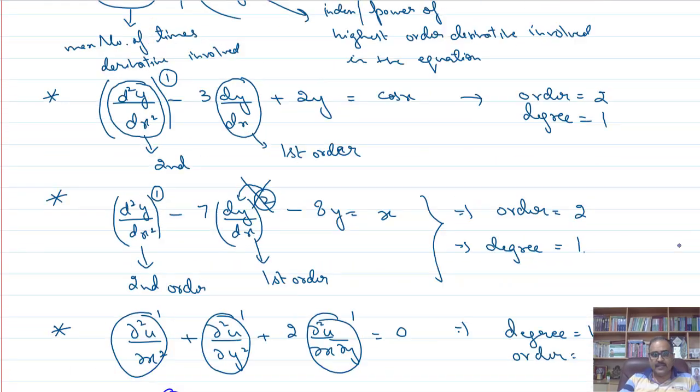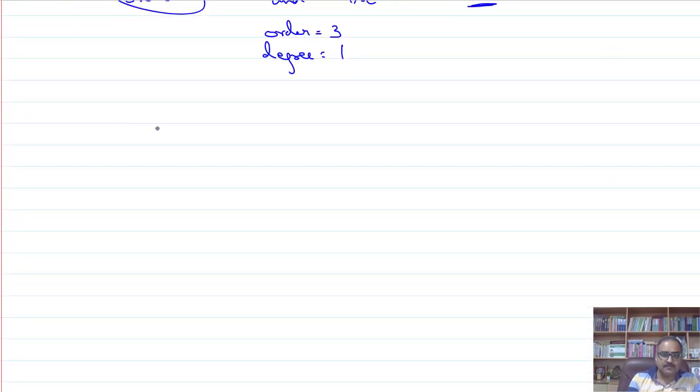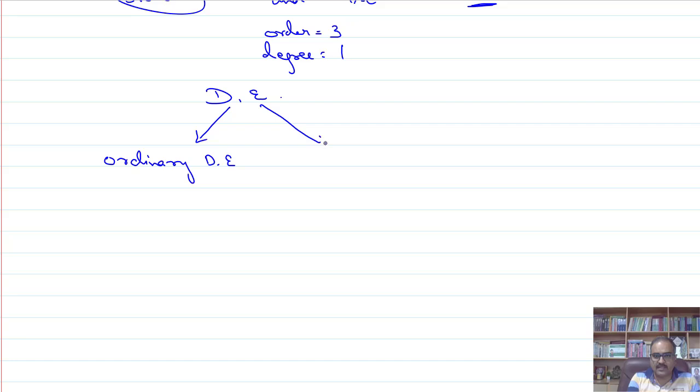Now when I deal with differential equations, basically two types are there. Number one is the ordinary differential equation and the second one is the partial differential equation. So what are ordinary differential equations?